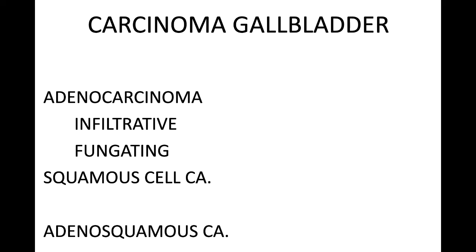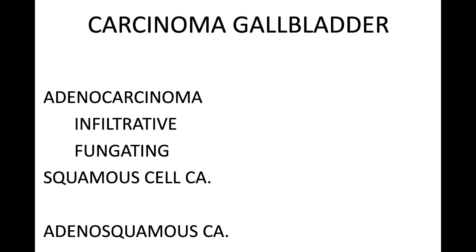The histological type may be squamous cell, adenosquamous, carcinoma, or sometimes mesenchymal variants. Its spread is local to the liver and other biliary tract, the cystic duct, and to distant metastasis to the peritoneum, even to the lungs.